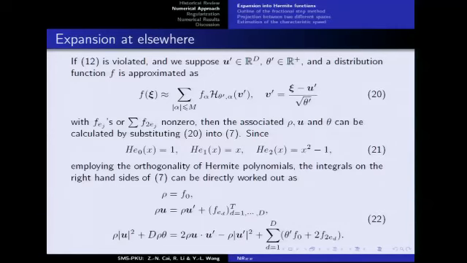This expansion can actually also be carried out at locations other than the mean velocity and theta, and we have very simple relations between rho and the expansion at other locations, such as u prime.